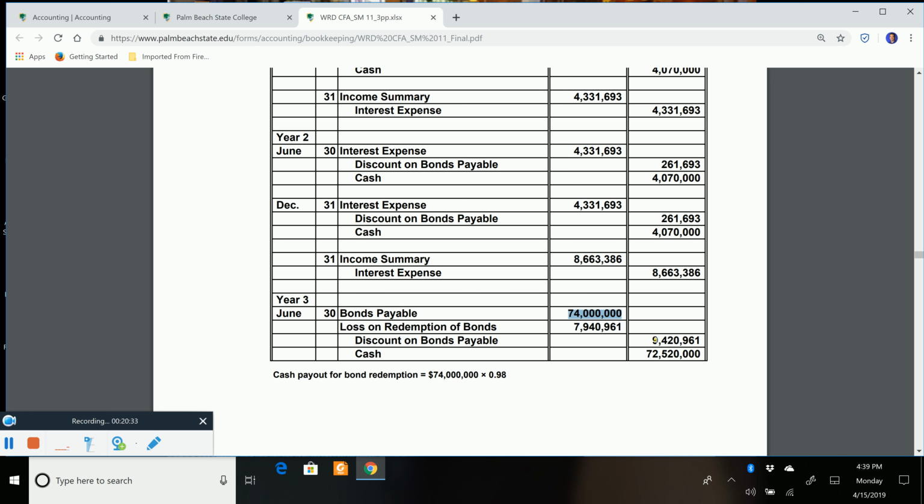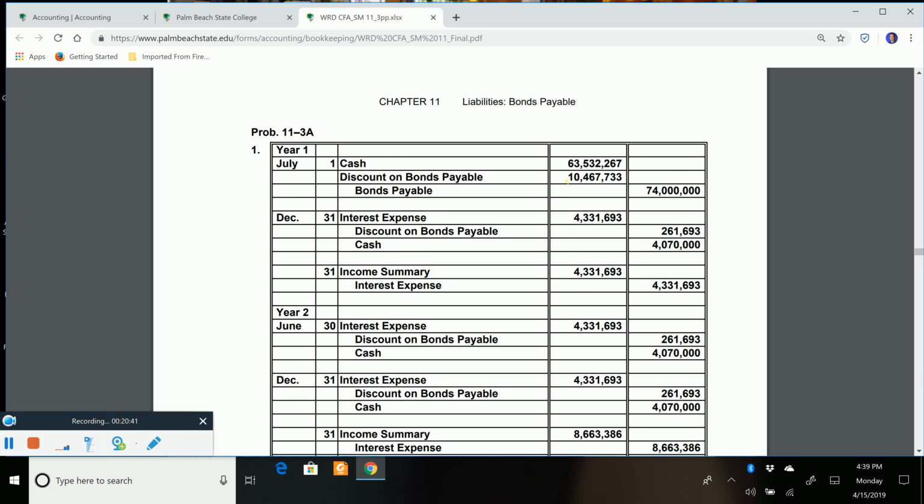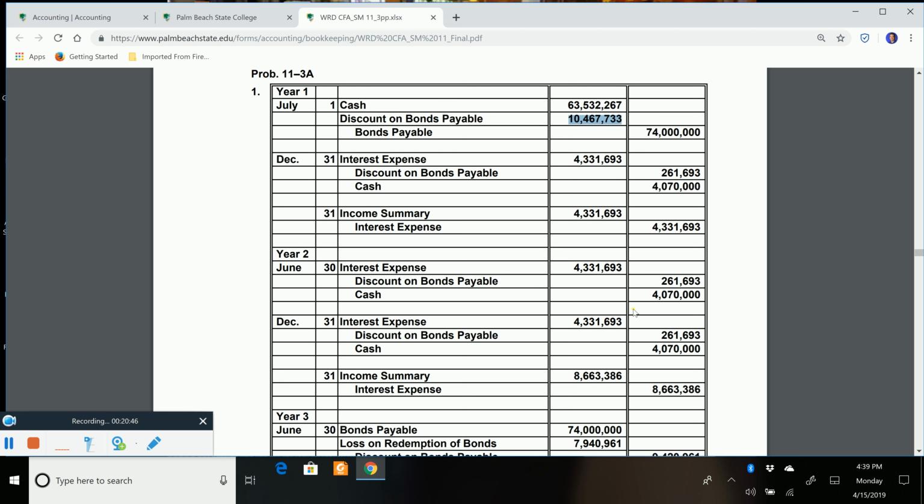And if you followed me through, I apologize for that, but here's the net balance in the discount account, which once again is the original amount, $10,467,000, minus all of the amounts that we've amortized it.